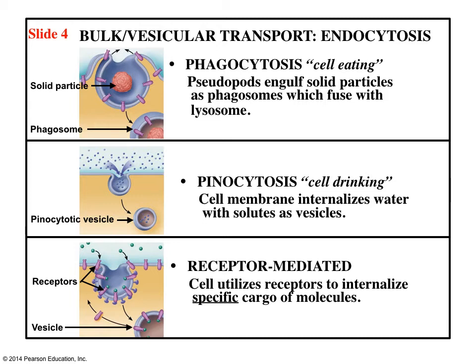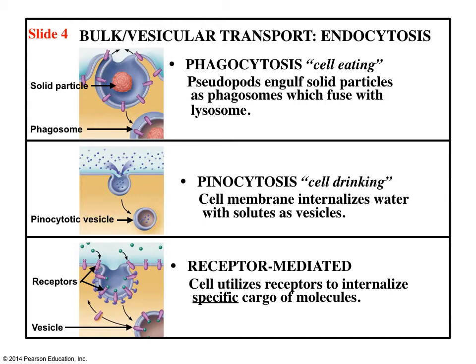The most specific type of internalization of specific molecules is known as receptor-mediated endocytosis. And here, protein receptors are fishing around for a very specific cargo of molecules.